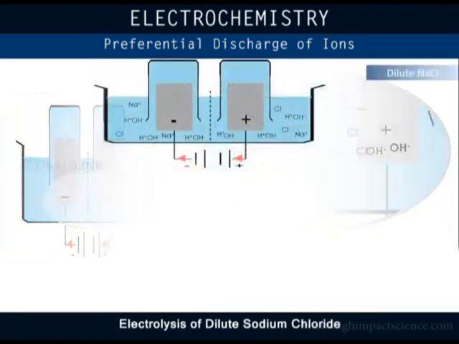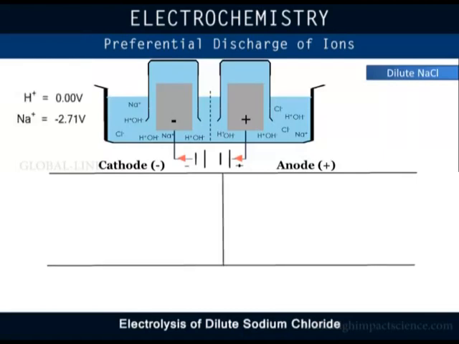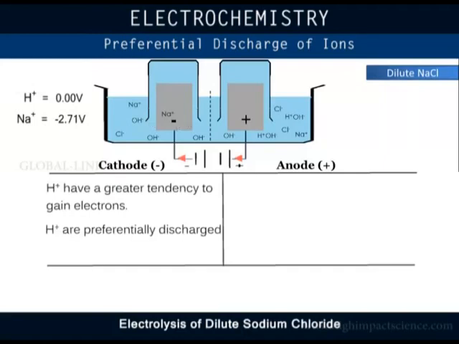As the electrons flow from the anode to the cathode, a redox reaction takes place. At the cathode, hydrogen ions with a reduction potential of 0.00 volts have a greater tendency to gain electrons compared to sodium ions, which have a reduction potential of negative 2.71 volts, and are therefore preferentially discharged.